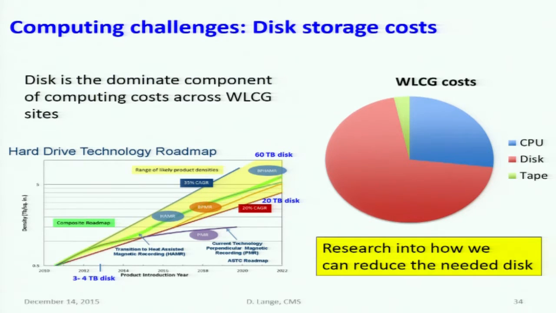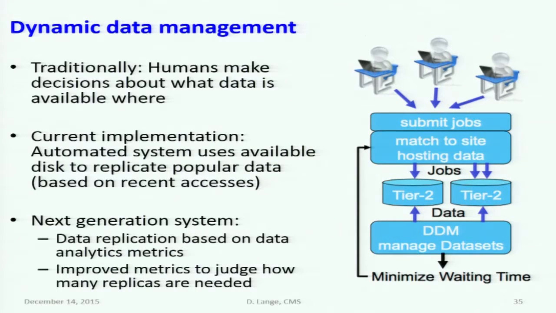Okay, let's see. Something I know less about, so I'll say less about it, is disk. Actually, it's unfortunate that I know less about it, because disk is basically 70% of the cost of our computing facility. So we're doing lots of work into how we can reduce the needed disk, and also trying to understand how disk will evolve in the future. I'll talk about the first of those, which is this concept of dynamic data management.